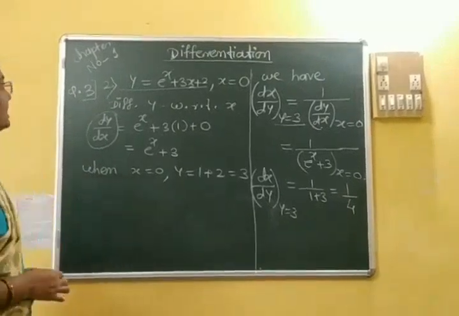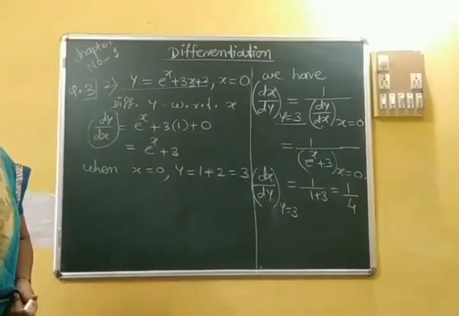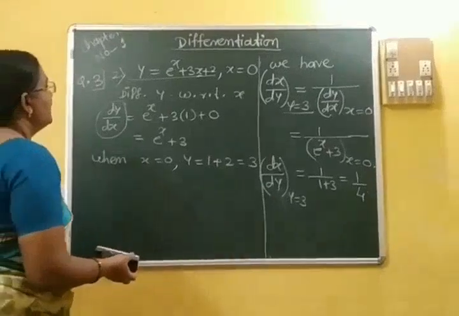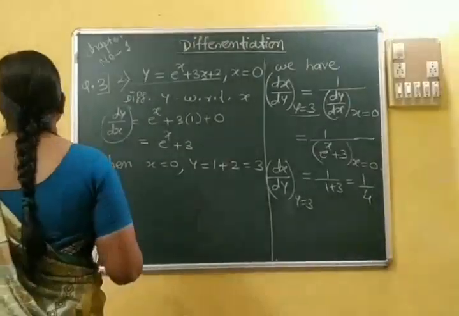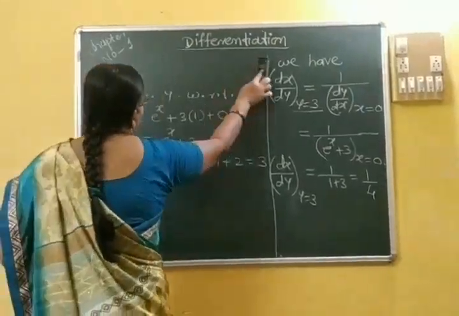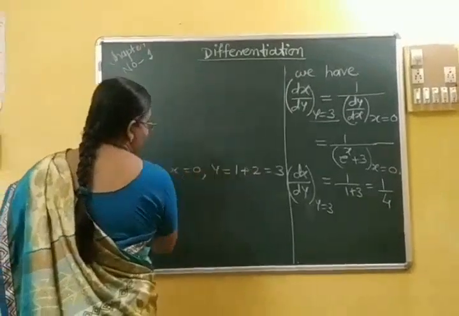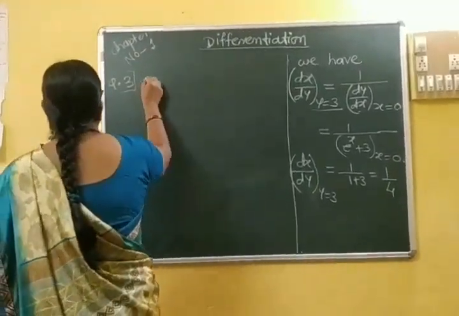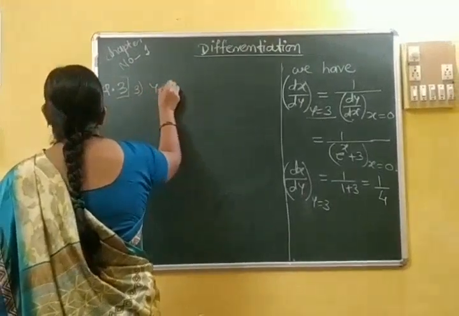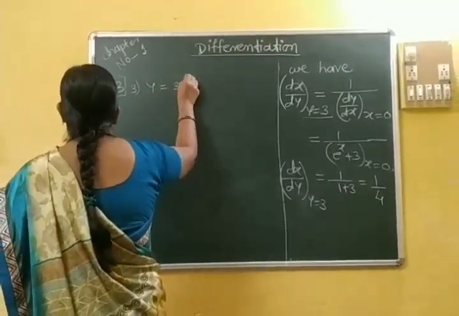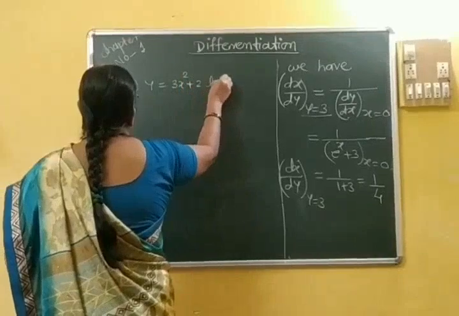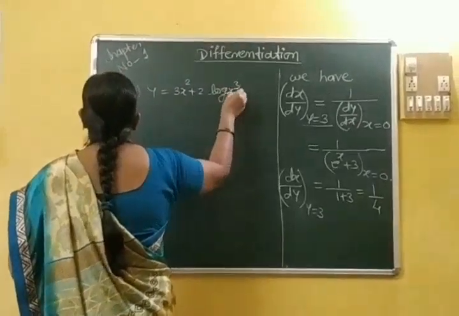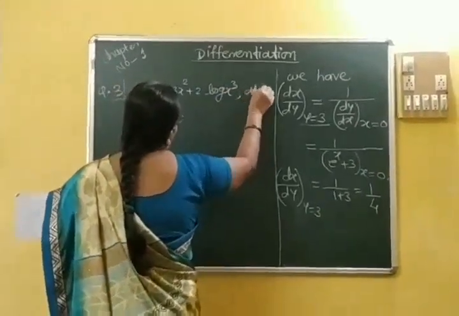Okay. Let us see another example. Let's take the next example, that is the third. The third example is given that y is equal to 3x square plus 2 into log of x cube at x is equal to 1.